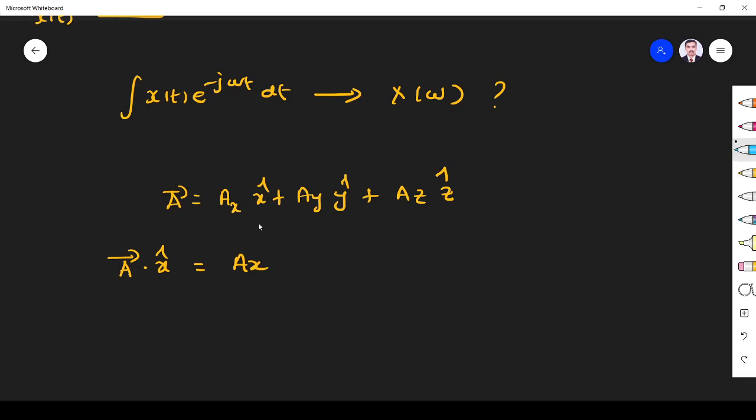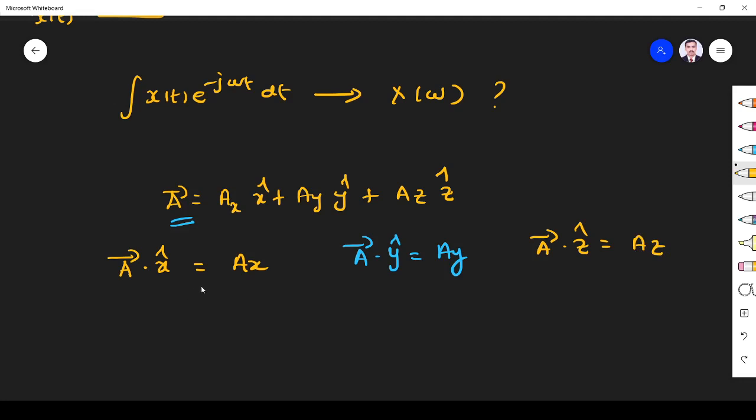Similarly, I want to find the component of this vector A along the y direction. What I do is take a dot product with y cap. So what will it give? It will give Ay only. The other terms will be 0 because x dot y is 0, and y dot z is also 0. Similarly, if I want the component along the z direction, I take the dot product with z cap, it will give Az.